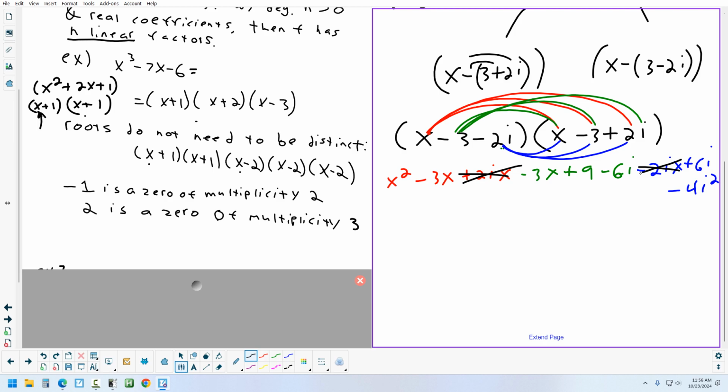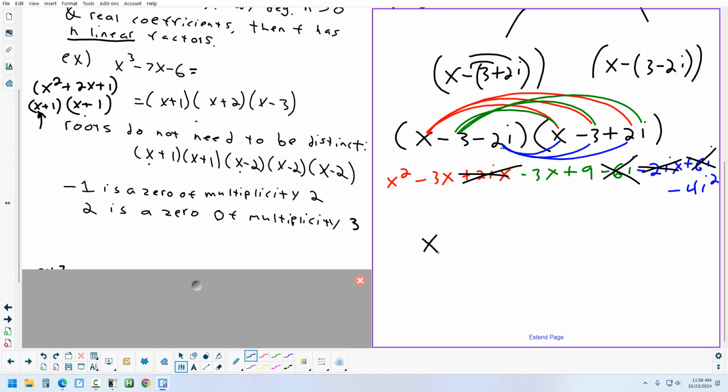The positive 6i and negative 6i. So out of the 9 multiplications you just did, 4 of them are gone. That will happen every time. So almost half of them just disappear. Basically, anything that has an i in it disappears. If it doesn't, then you did something wrong. You should not be left with any i's.